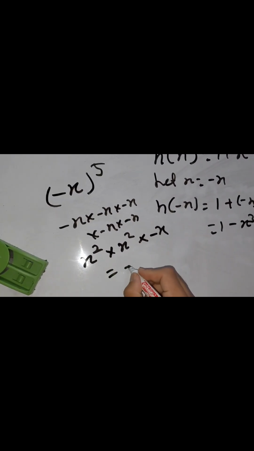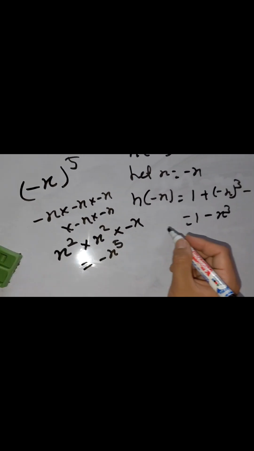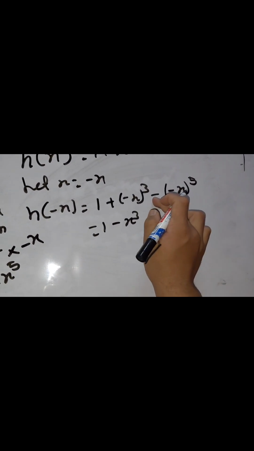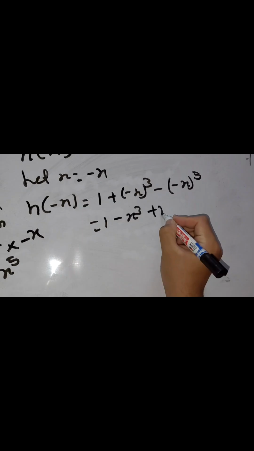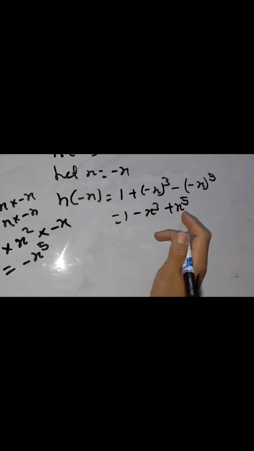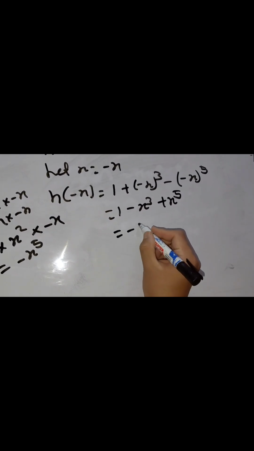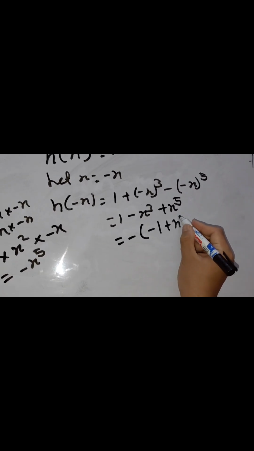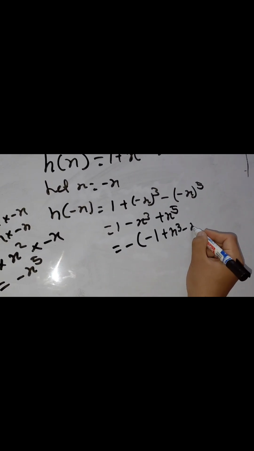So it will be minus x to the power 5. So this will be minus x to the power 5, same, but here is also a minus. So this will be plus x to the power 5. Now we get the answer: 1 minus x cube plus x to the power 5. Try to take minus common. It will be minus 1 plus x cube minus x to the power 5.